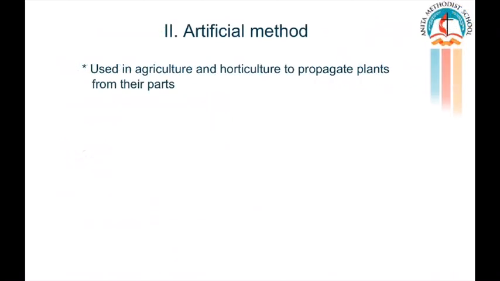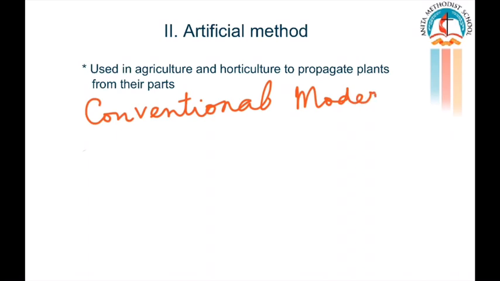Let's learn of the second type, the artificial method of asexual reproduction in plants. This is used in agriculture and horticulture to propagate plants from their plant parts. The two artificial methods are, number one, the conventional method, and the second method is called the modern method.